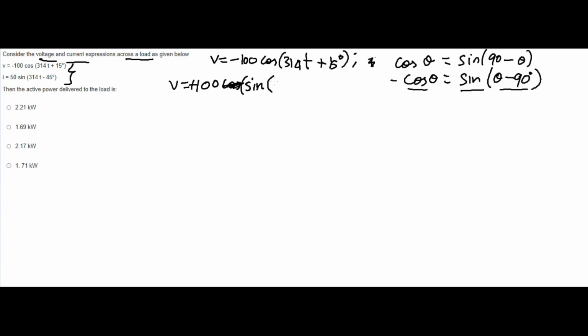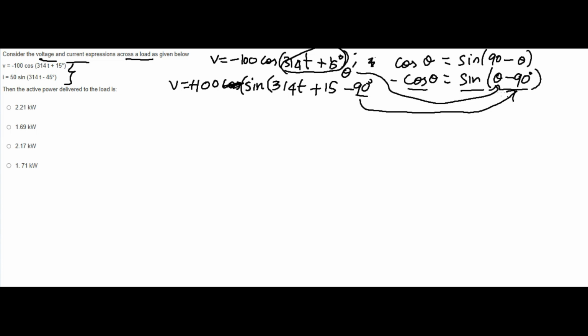The theta here is 314t plus 15, and then minus 90. So that is equal to 100 sine of 314t plus 15 minus 90, which is 314t minus 75 degrees.